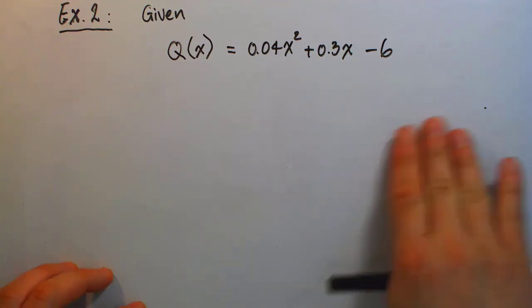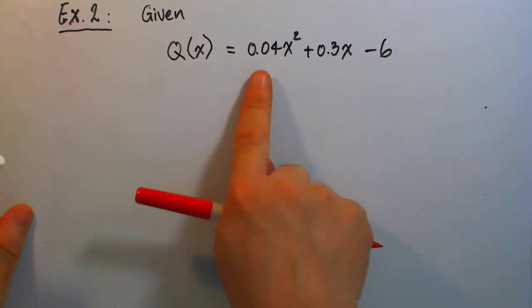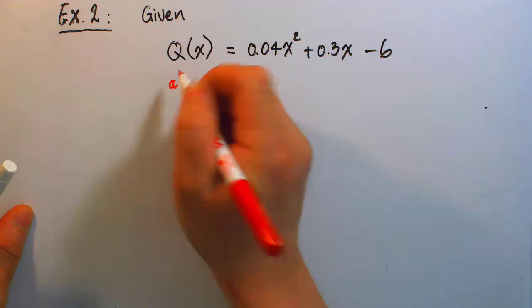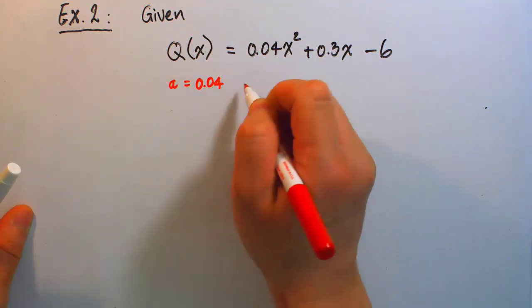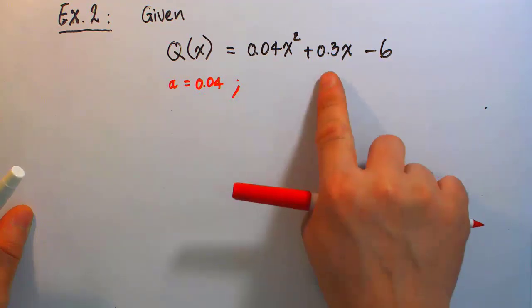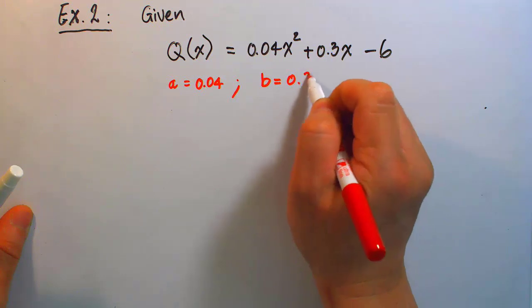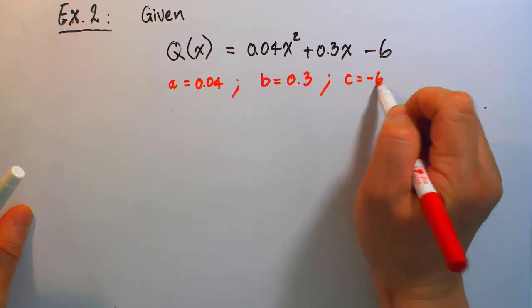And so before I write down the question, we can immediately look at the quadratic coefficient being positive 0.04. This quadratic also has a linear coefficient of positive 0.3 and a constant term of negative 6.